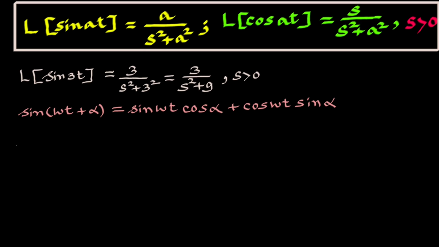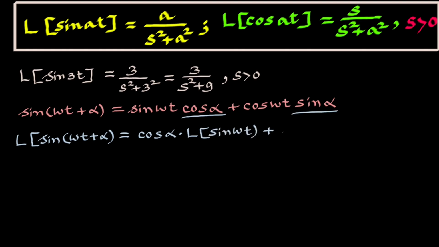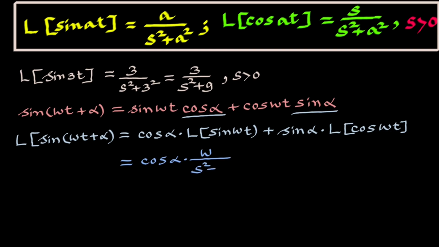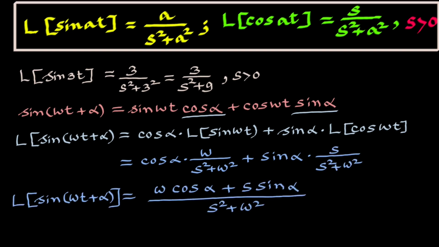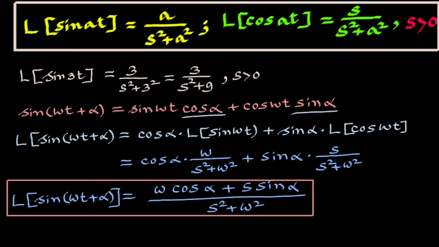Therefore, Laplace transform of sin of omega t plus alpha will be constant cos alpha into Laplace transform of sin omega t plus constant sin alpha into Laplace transform of cos omega t, which is cos alpha into omega upon s square plus omega square plus sin alpha s upon s square plus omega square. So this is required Laplace transform.